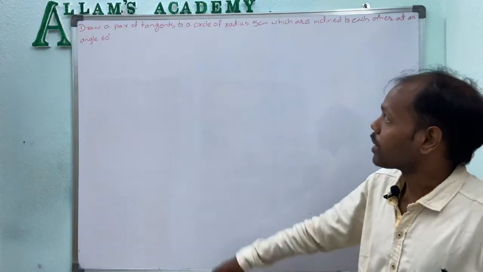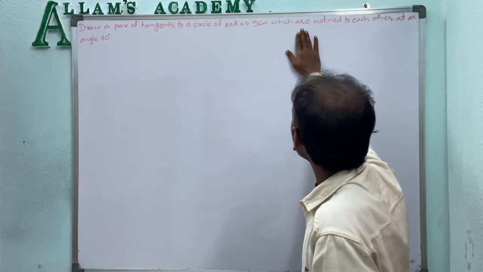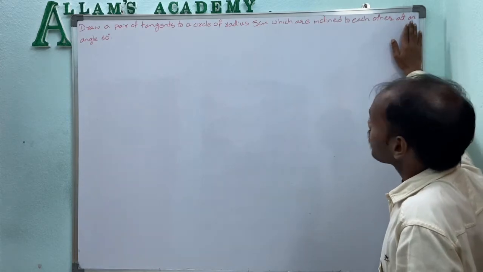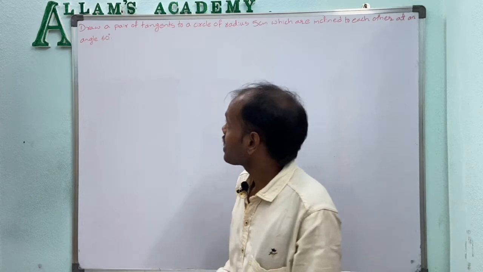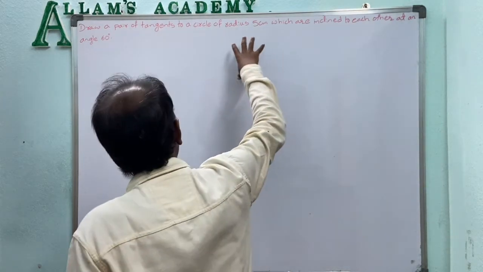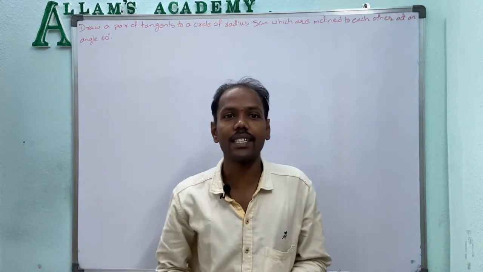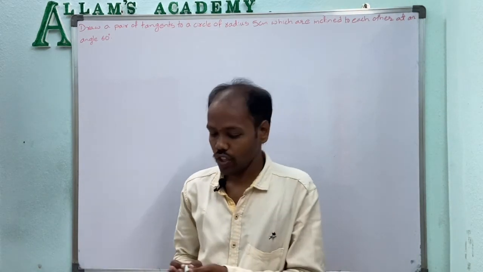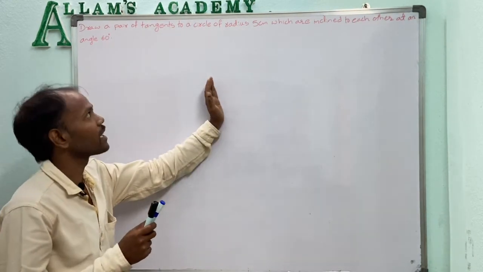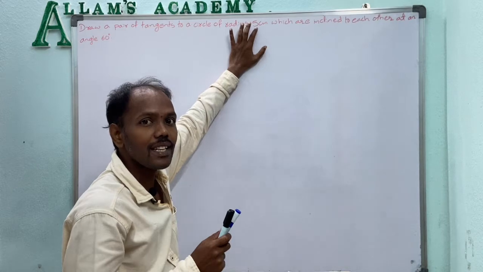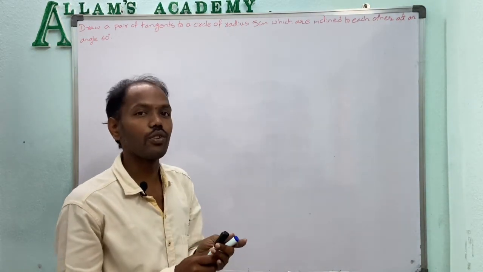Here the problem is: draw a pair of tangents to a circle of radius 5 centimeters which are inclined to each other at an angle of 60 degrees. Here the 60 degrees is given, but the distance from the center to the point is not given, so we have to find it.